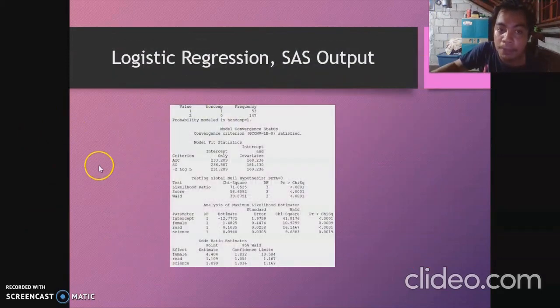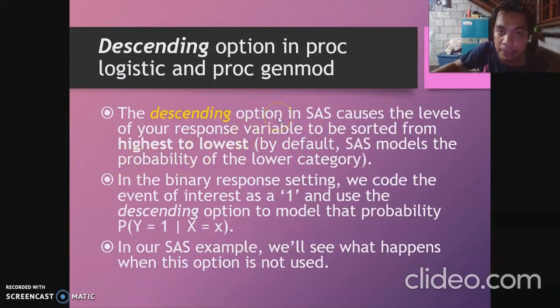With the descending option in our logistic procedure, it will sort in descending order in your SAS code. So, automatically, it sorts from highest to lowest. By default, SAS models the probability of the lower binary response category as the event of interest.